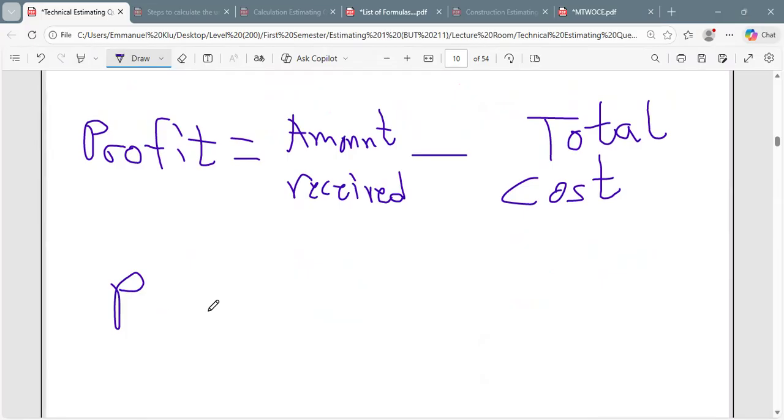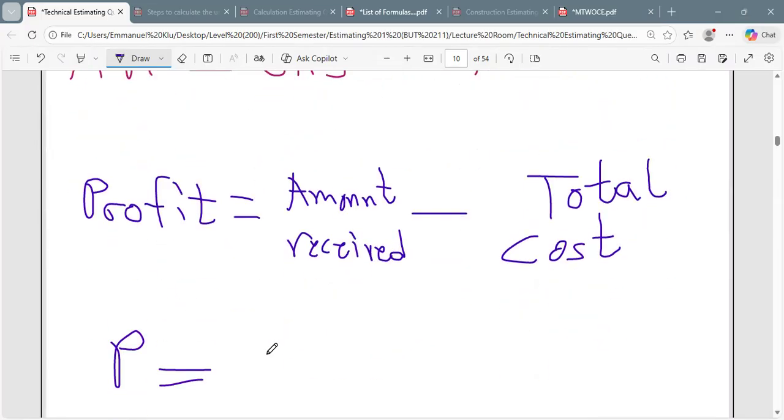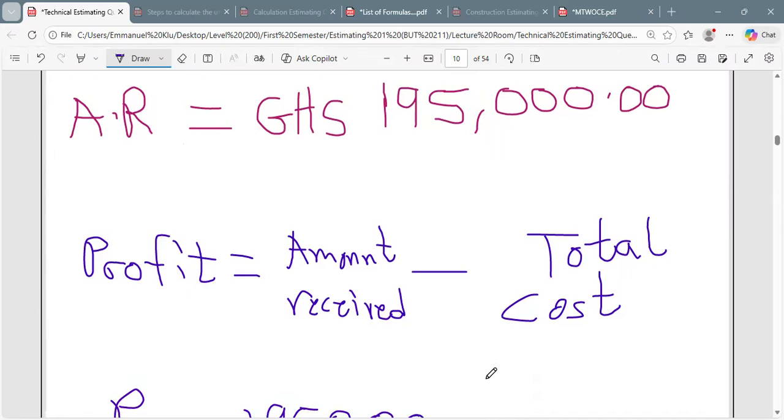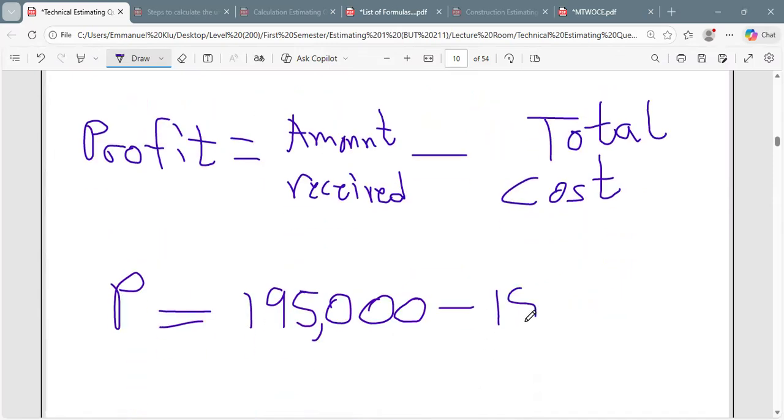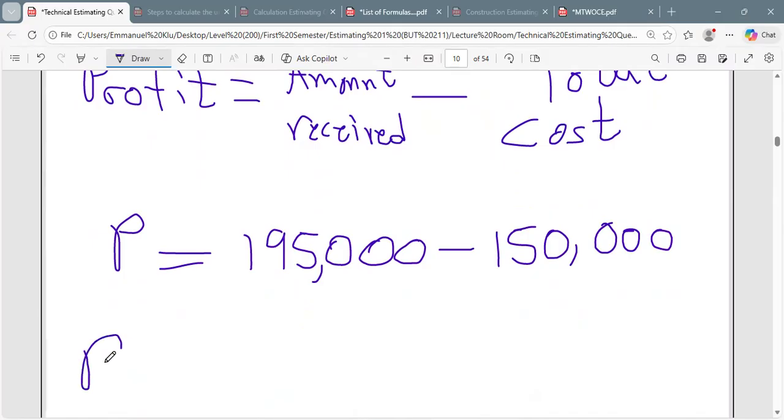So we can now say that our profit is equal to 195,000 minus the total cost. And then the total cost was what? 150,000, if you could remember very well. So at the end of the day, the profit is equal to, let's do that together, 195,000 minus 150,000.